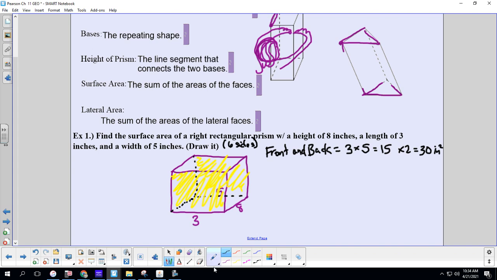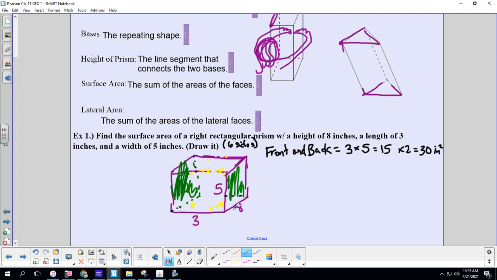Okay, so now let's do left and right, and we'll do top and bottom last. So the left side and the right side. Here's my right side. Here's my left side.